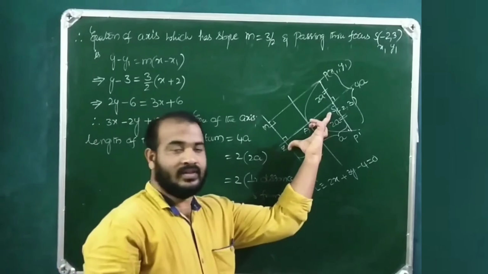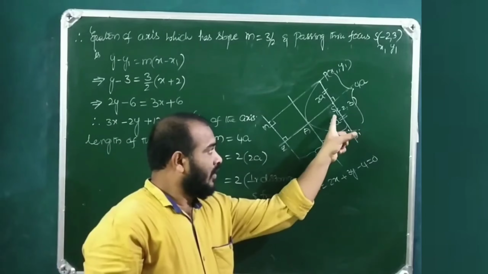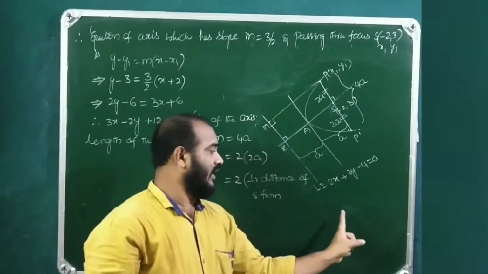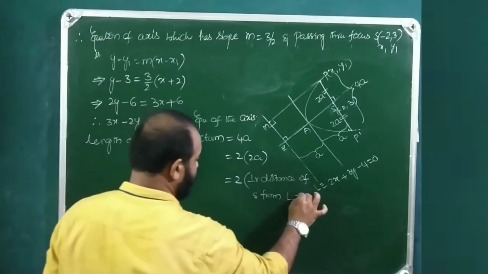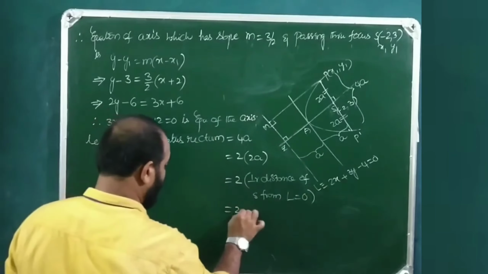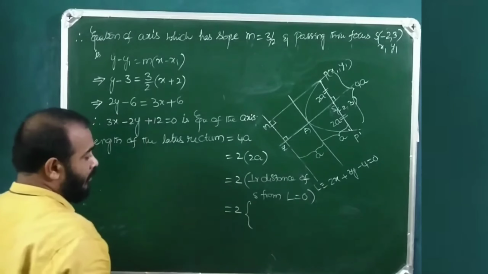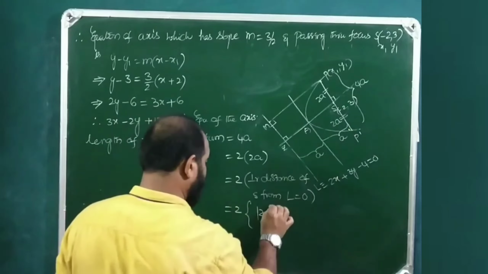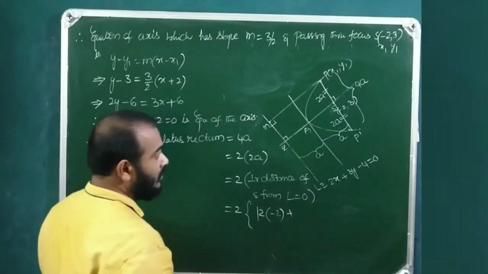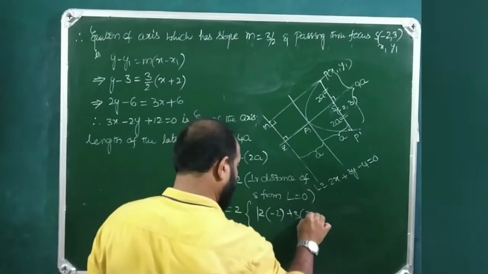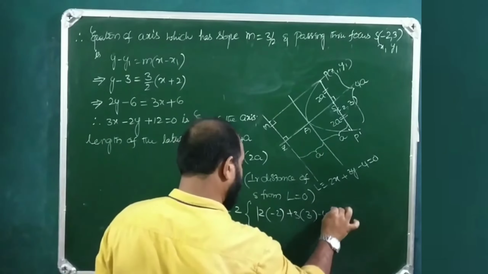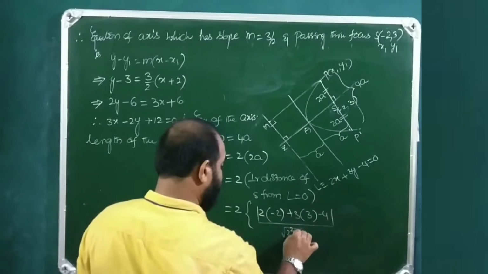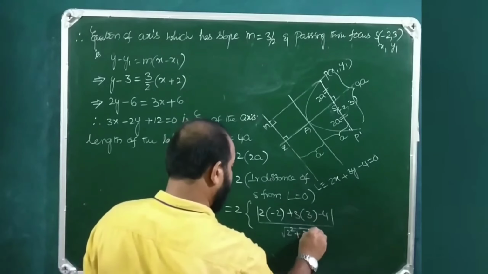What is this? ZS is the perpendicular distance of the point S from the line L equals to 0. So this is equal to 2 into the perpendicular distance from this point to the line: 2 into modulus of 2 into minus 2 plus 3 into 3 minus 4, modulus, by square root of 2 square plus 3 square.